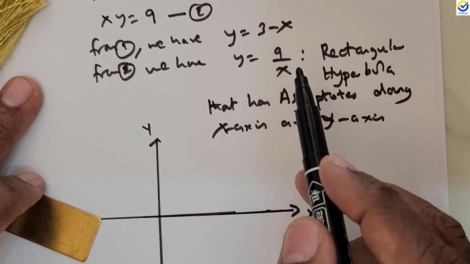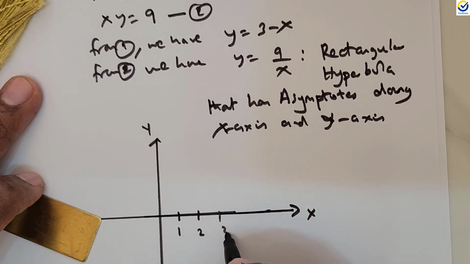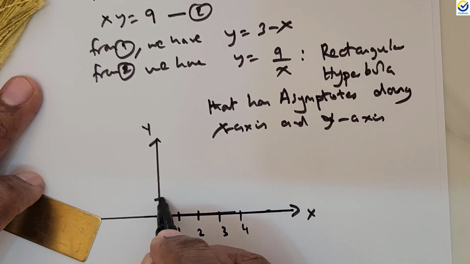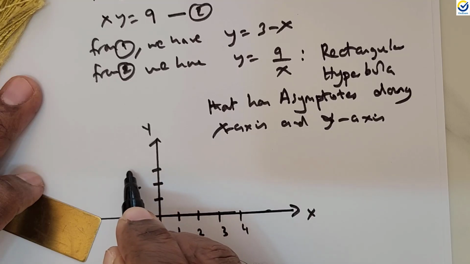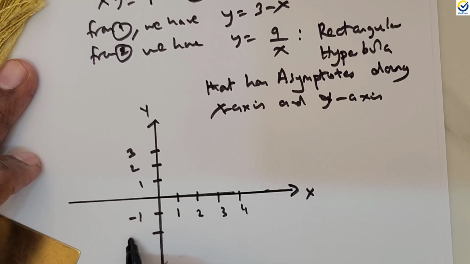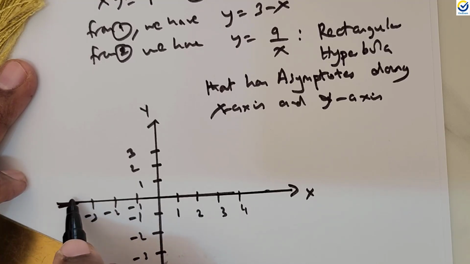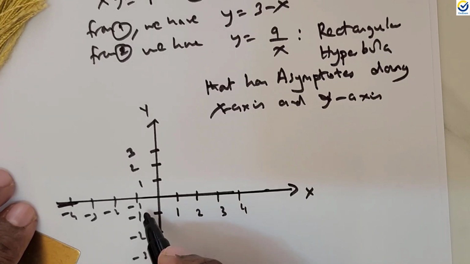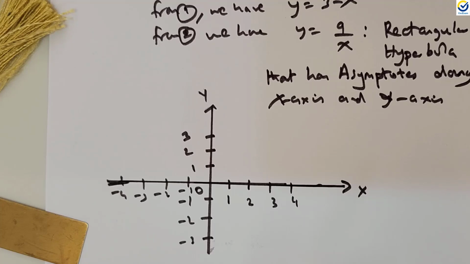Now let me mark these points as 1, 2, 3, 4 and 1, 2, 3, negative 1, negative 2, negative 3, negative 1, negative 2, negative 3, negative 4. So this is 0. Okay, so this is our axis.